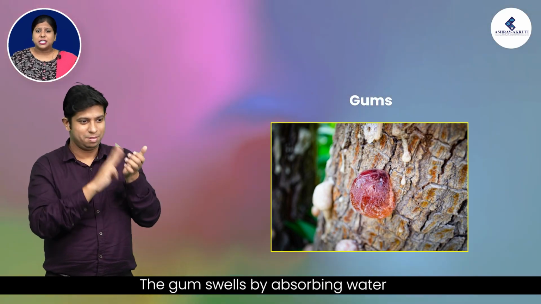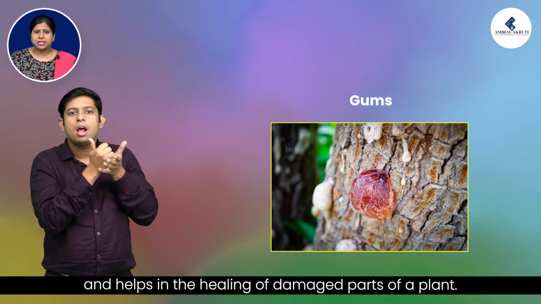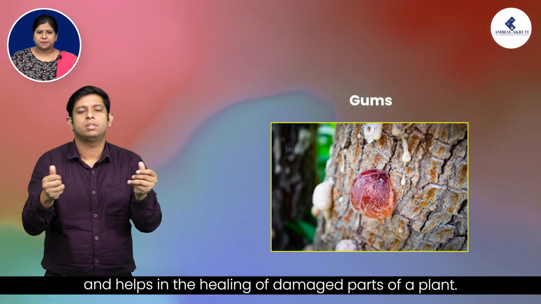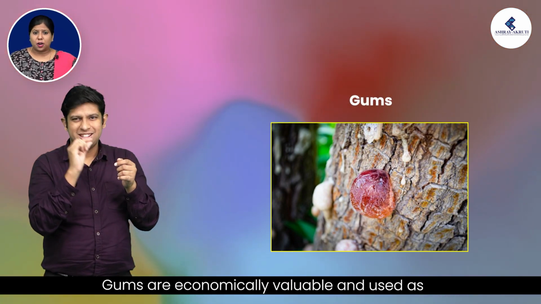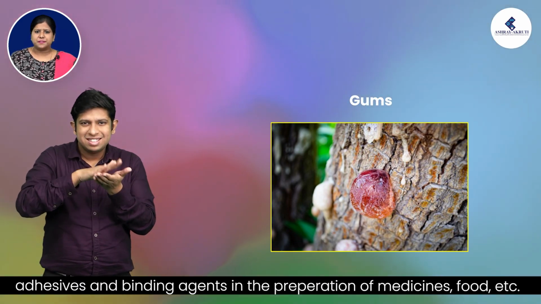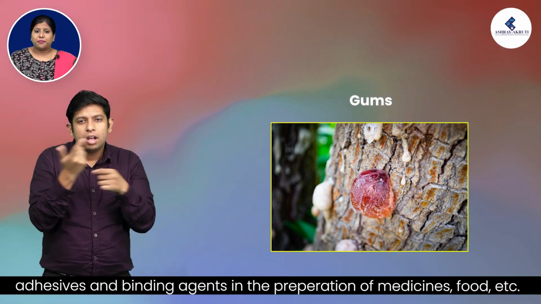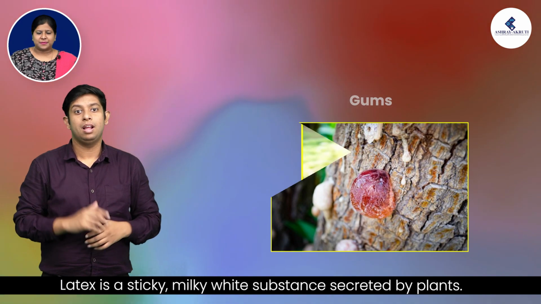The gums swell by absorbing water and help in the healing of damaged parts of a plant. Gums are economically valuable and used as adhesives and binding agents in the preparation of medicines, food, etc.